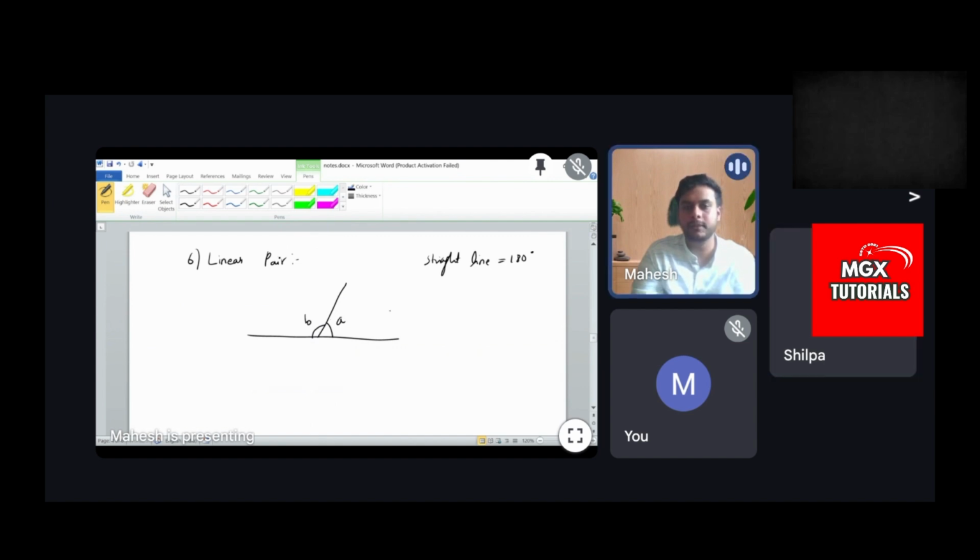Only two angles should be there. That's the rule. Angle A plus angle B will be equal to 180 degrees. If I tell you angle A is 30 degrees, how much will be angle B? Very good. Understood? 30 plus 150 is equal to 180 degrees.